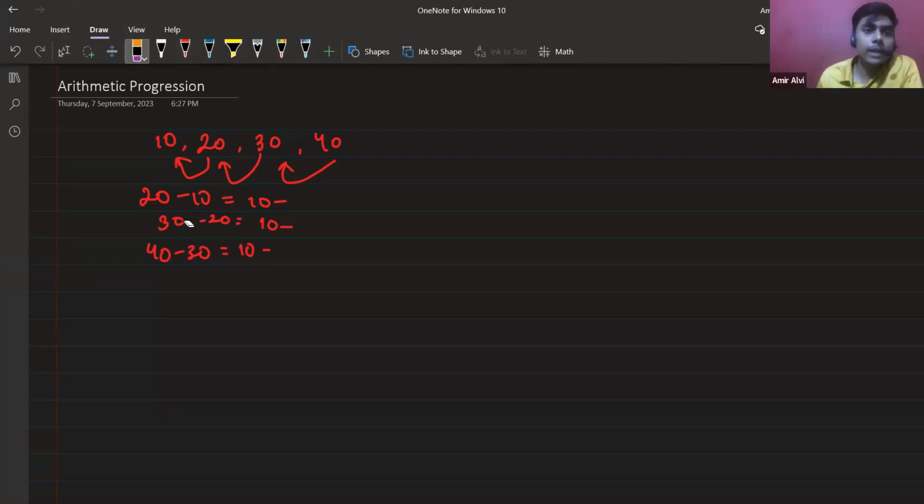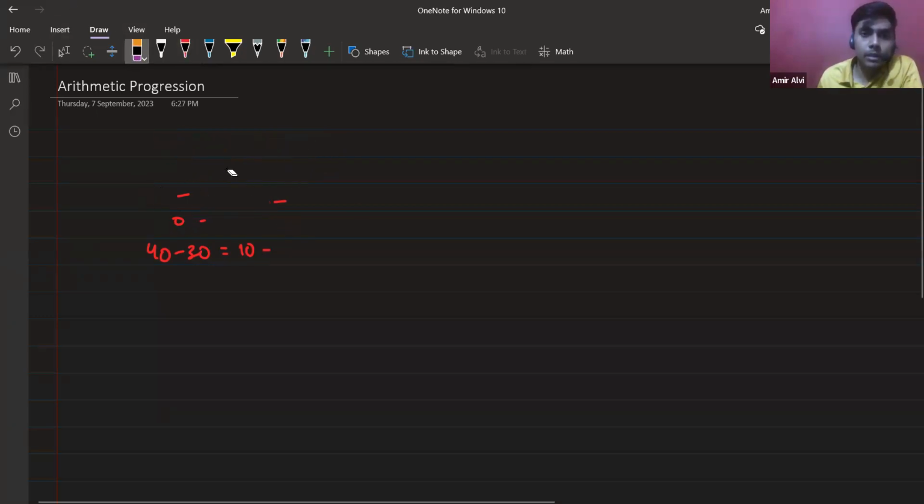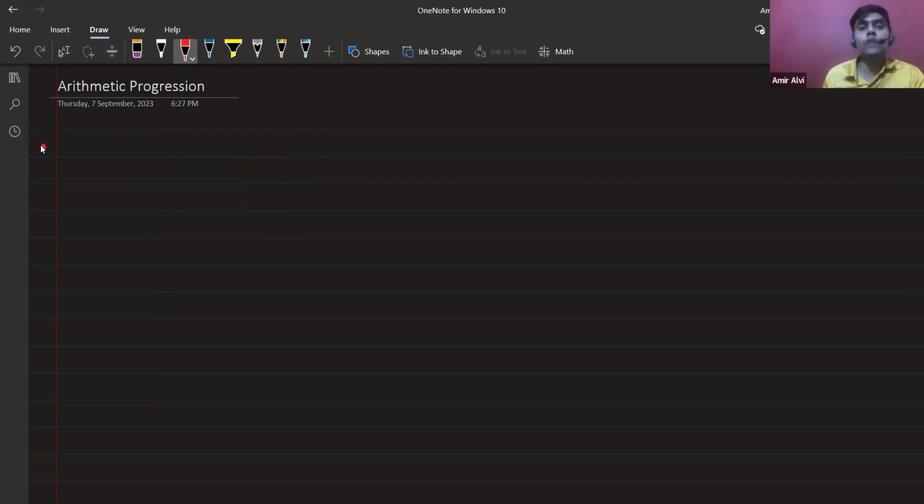Okay. So let me write out the definition of the AP on the screen. The short form of arithmetic progression is AP. Clear? School is not going to ask the definition, but still I'm writing because it would clear your concept.